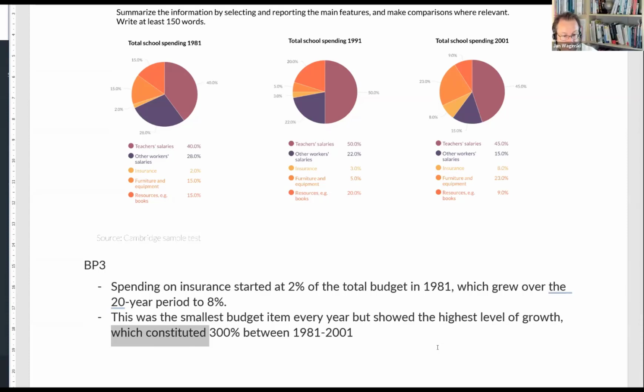Yeah, but the best way is just to put nothing. It's to use the appositive. The highest level of growth, because 300% is the highest level of growth, so we don't need anything else. You want the simplest possible construction.